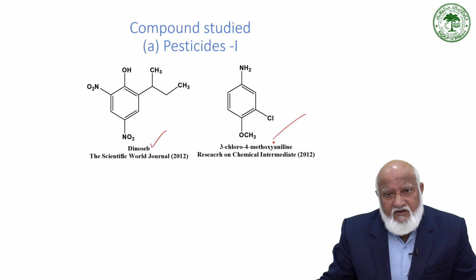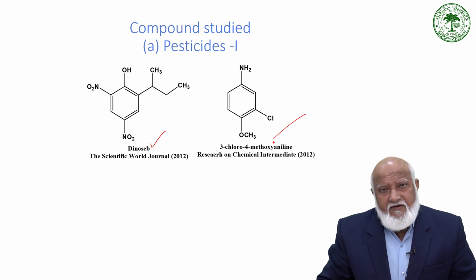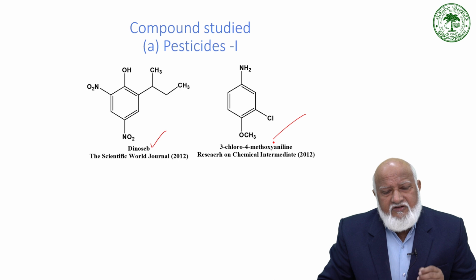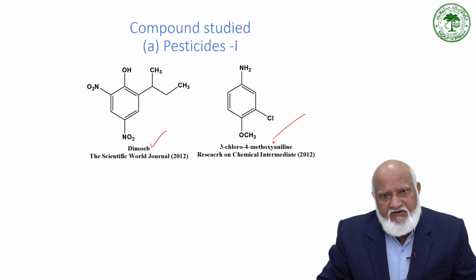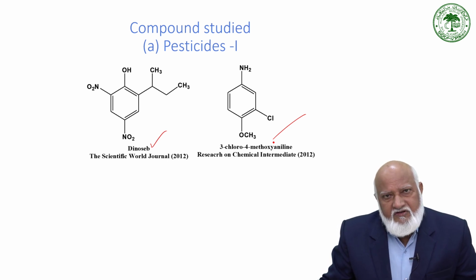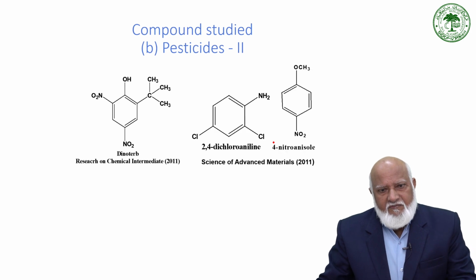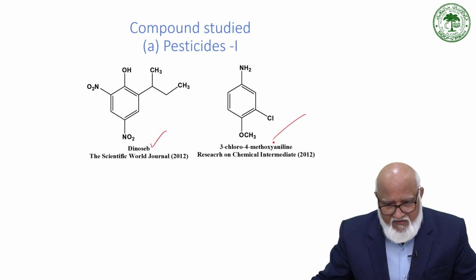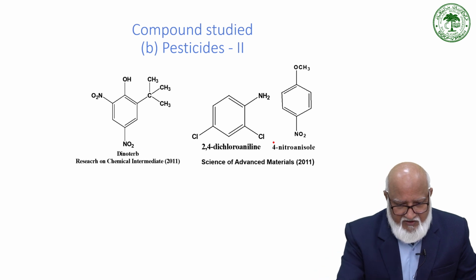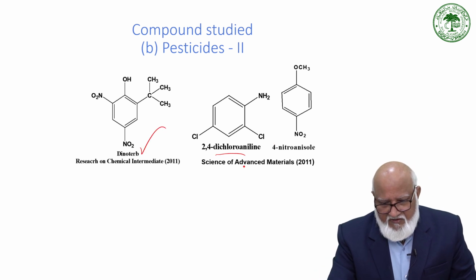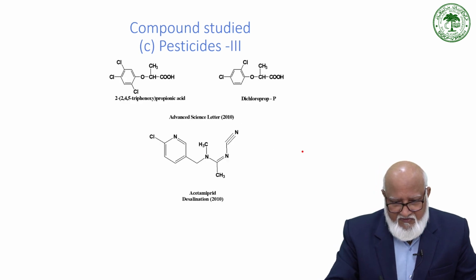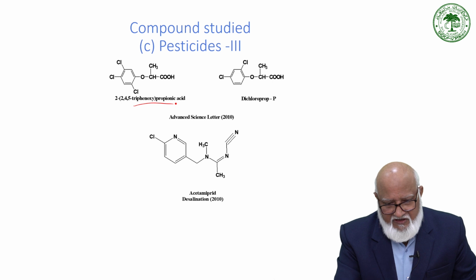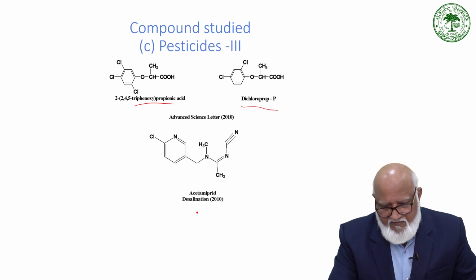What we have done is we have studied these reactions at laboratory scale in aqueous suspension using titanium dioxide catalyst and following the degradation by UV or HPLC and so on and so forth. Some other pesticide derivatives which we studied are Dinoseb, Dinoterb, and then 2,4-dichloroaniline, 4-chloroanisole, triphenoxy propionic acid, dichloroprop, and then acetamiprid.